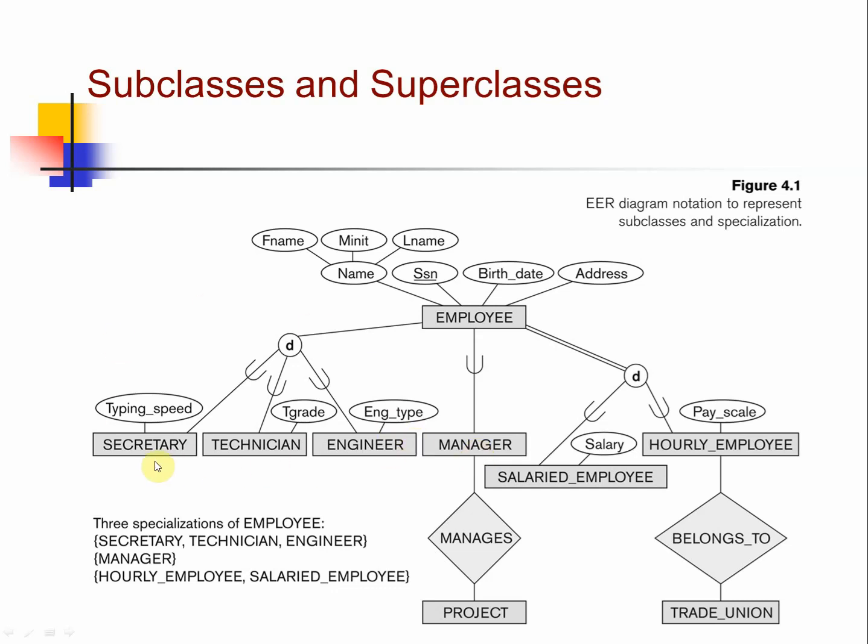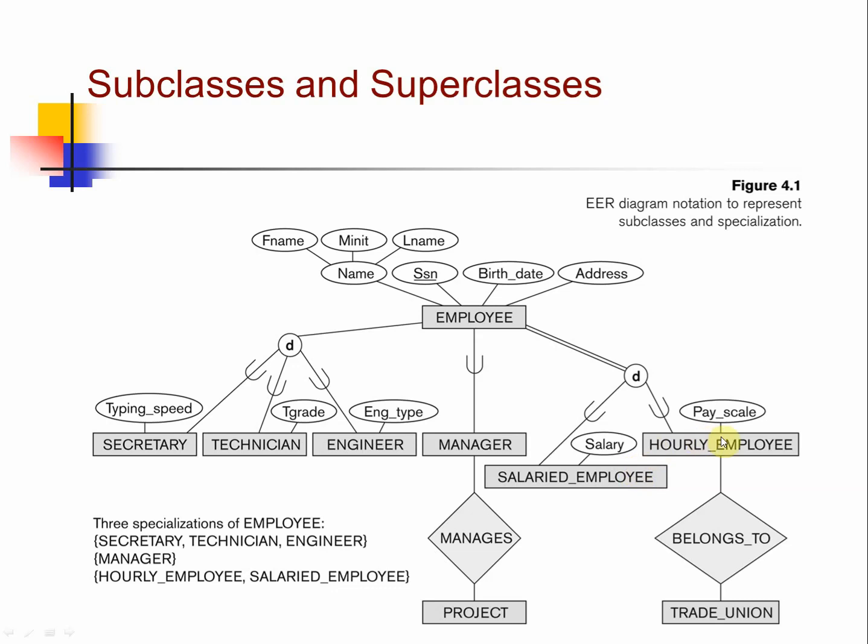On the other side, when we look into different job types, you can see that secretary has its own local attribute, the typing speed, only relevant to the secretary. Technician grade is only relevant to technician, just like engineer type is only relevant to engineer.